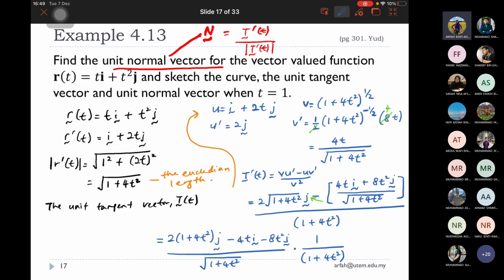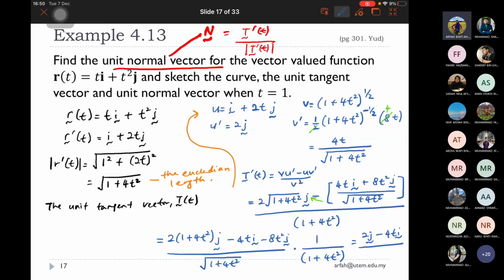2 tambah 8, 2j tambah 8t squared j tolak 4ti tolak 8t squared j. So 8 jadikan 8 boleh mati. So dia jadi 2j tolak 4ti. Okay. So dia akan jadi sama dengan 2j tolak dengan 4ti.